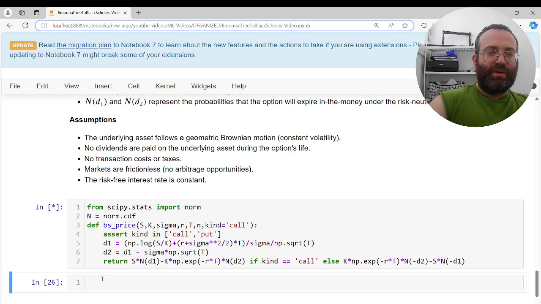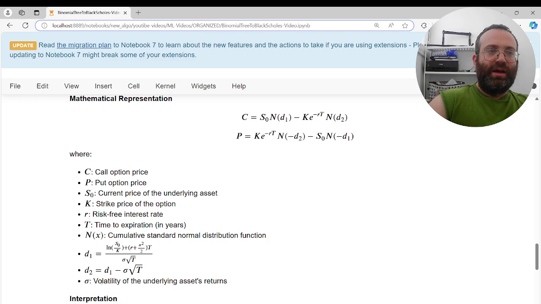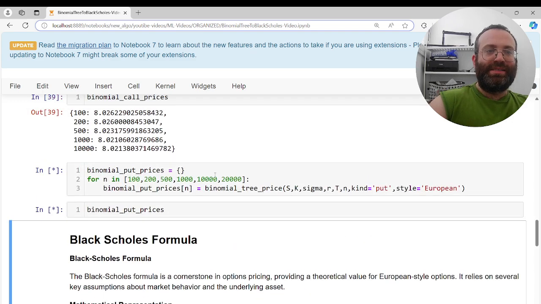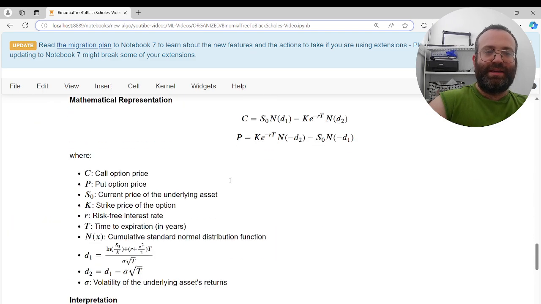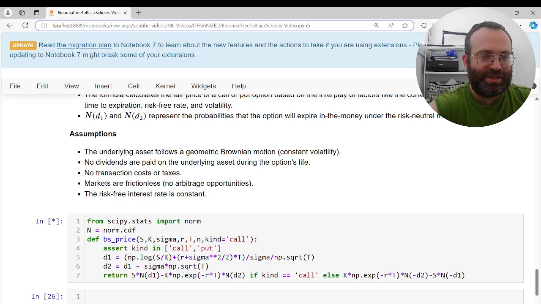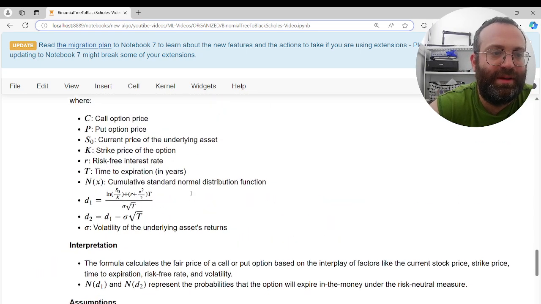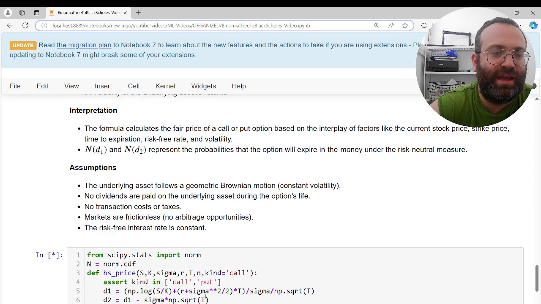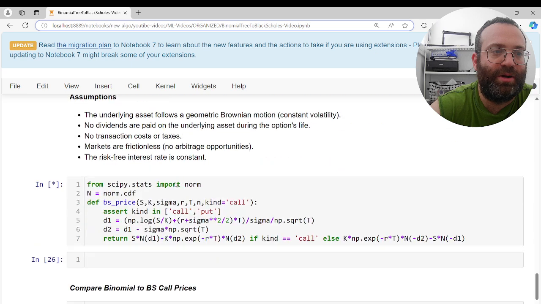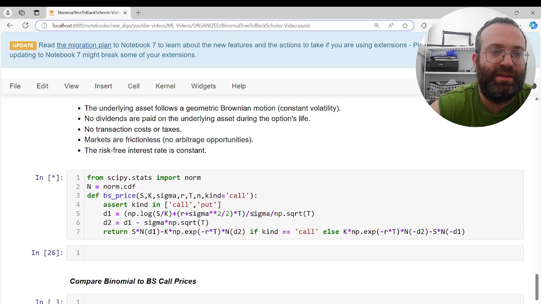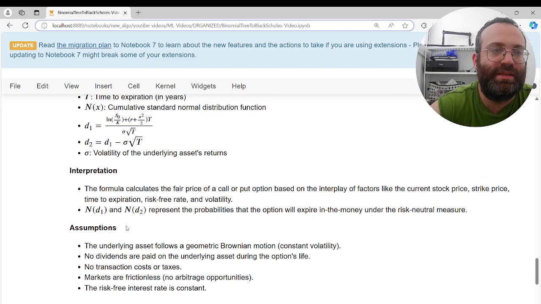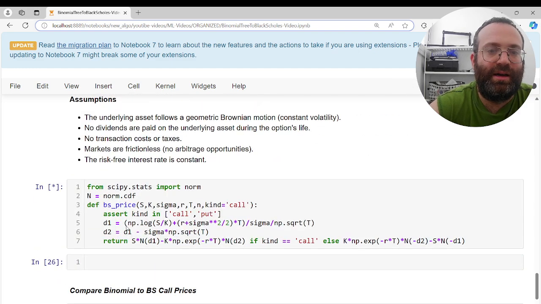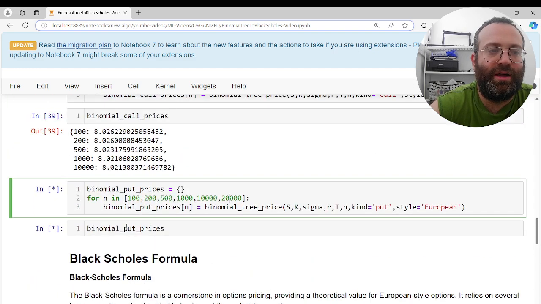And let's see if this works. Oh, it's still running. It's probably stuck on the 20,000 case. So for now, let's make sure we got it right. We have log of S over K, r plus sigma squared over 2 times T, over sigma times square root of T. d1 is this guy, and this should work.